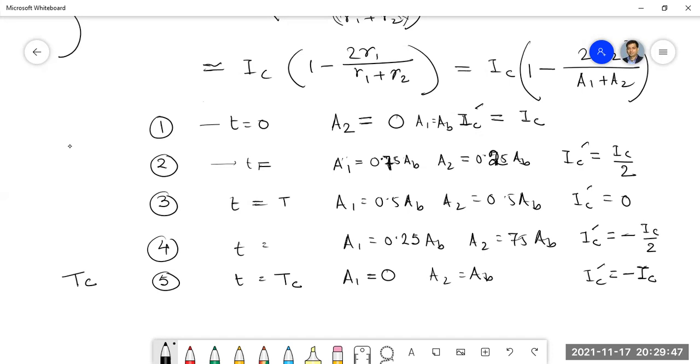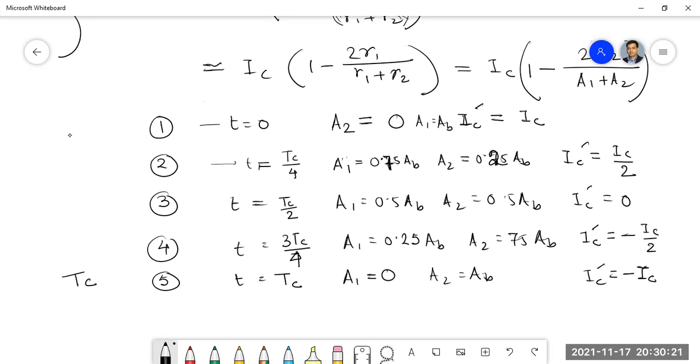So that means at TC by 2 instant we are getting this. Okay, and at TC by 4 we are getting this, and at 3 TC by 4 we are getting this. Understood? So these are the different time instants I have drawn. বুঝতে পারছি আমি কি বলছি? We can also show these time instants in the earlier diagram.